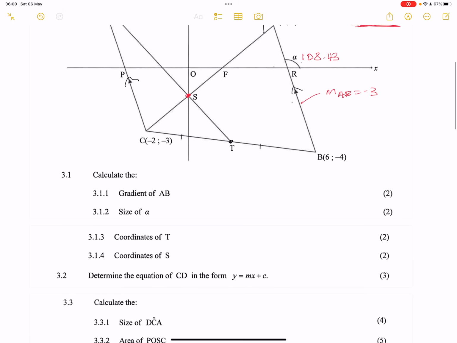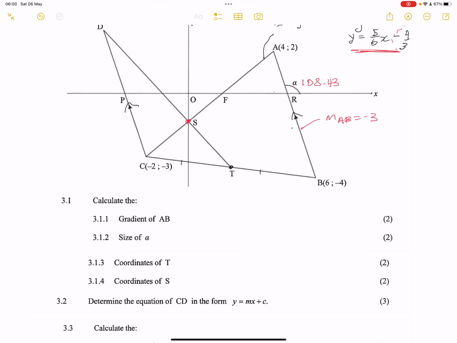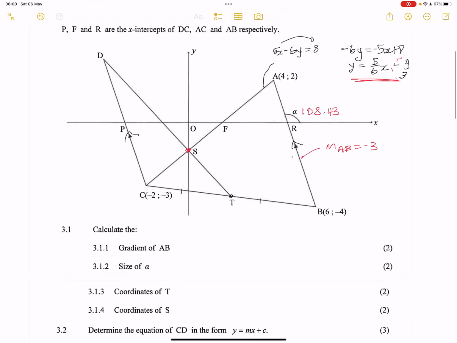Right, now they say to us, determine the equation of CD in the form y equals mx plus c. So we're looking at CD. Now, what do we know about CD?